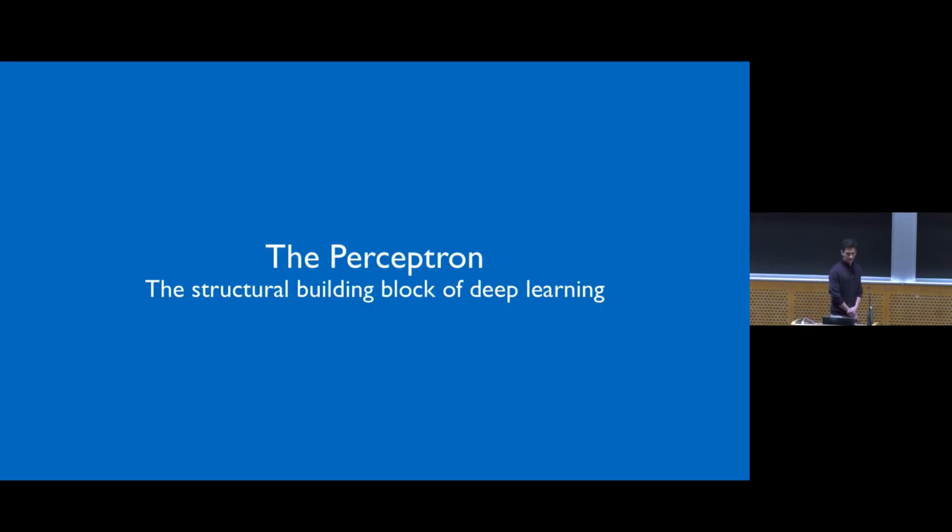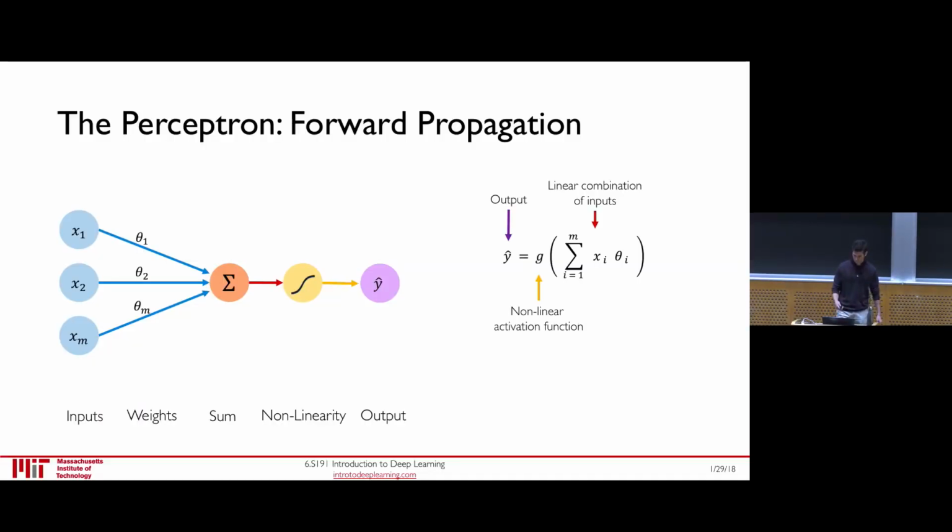So let's start with now looking at the fundamental building block of deep learning, and that's the perceptron. This is really just a single neuron in a neural network. So the idea of a perceptron, or a single neuron, is extremely simple. Let's start by talking about the forward propagation of information through this data unit. We define a set of inputs, x1 through xm on the left.